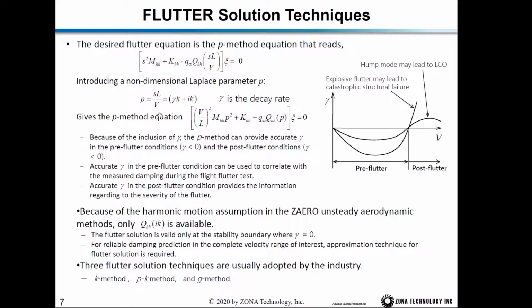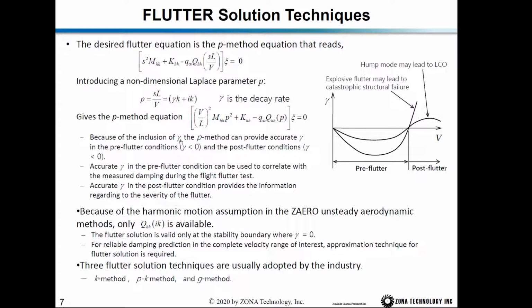Then we can define a non-dimensional Laplace parameter called P. P equals gamma times K for the real part, and the imaginary part is K. So gamma is the decay rate, namely the damping. So this gives us the P method Flutter equation.